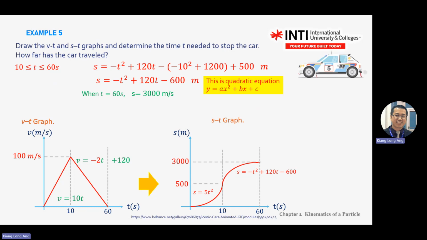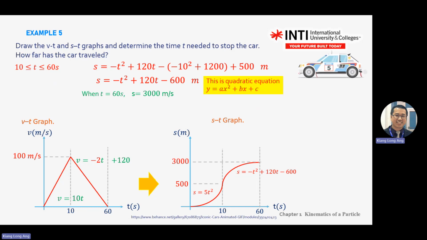So you substitute the 60 here. Because this taxi is following this curve, it takes 60 seconds to reach this time. So you substitute, you get 3000. And then when it comes to your final exam or test, we always like to ask you one question.